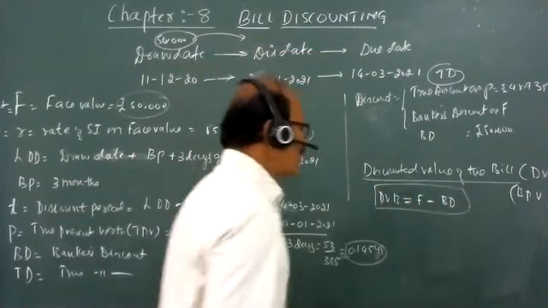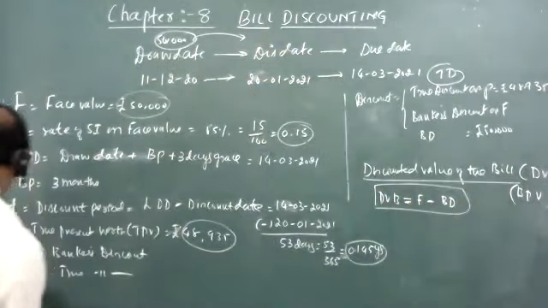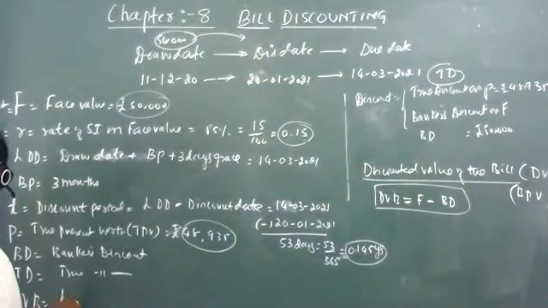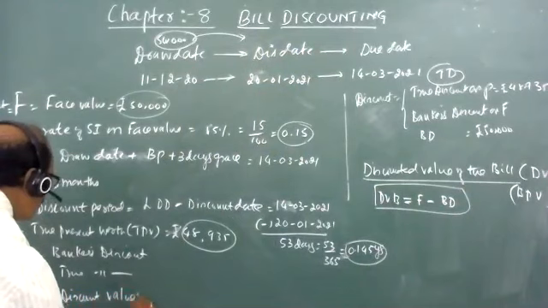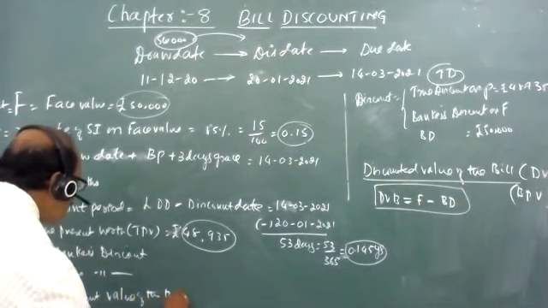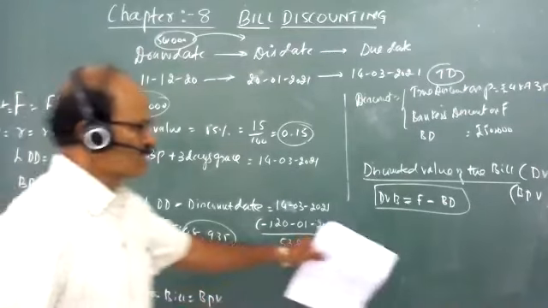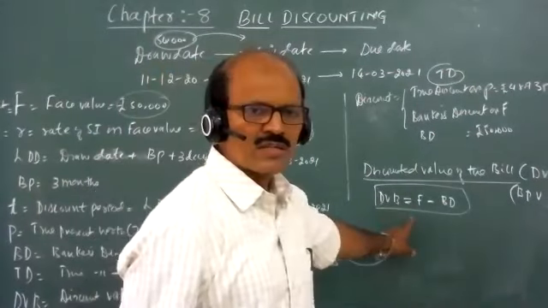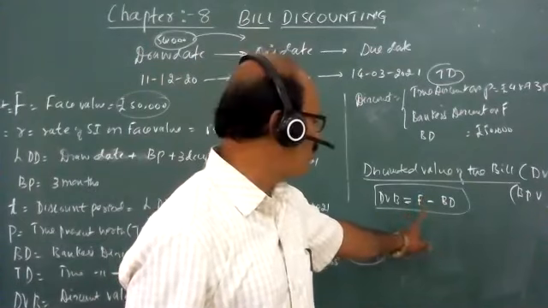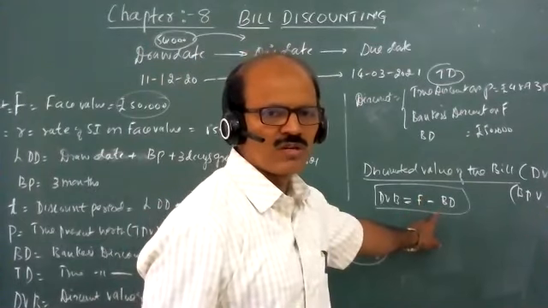Next one, discounted value of the bill is also called banker's present value. How to calculate? Nothing but the difference in the amount between face value and the discount value.